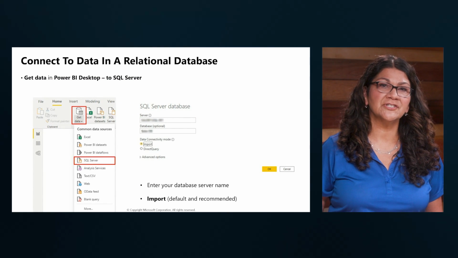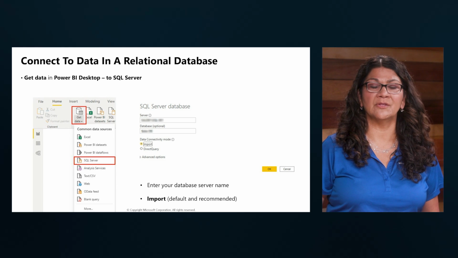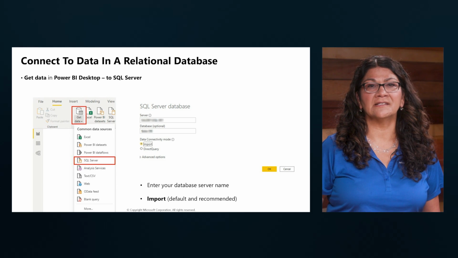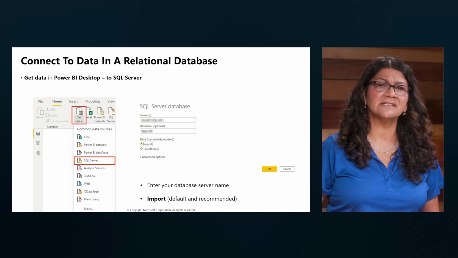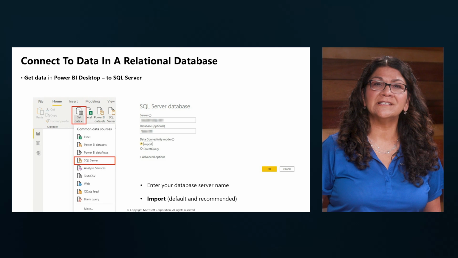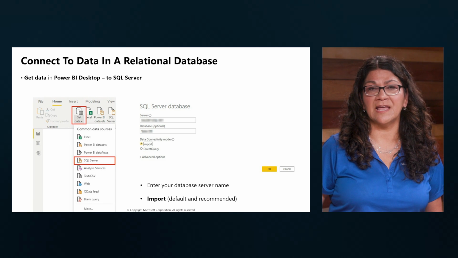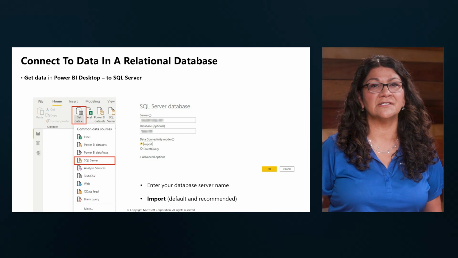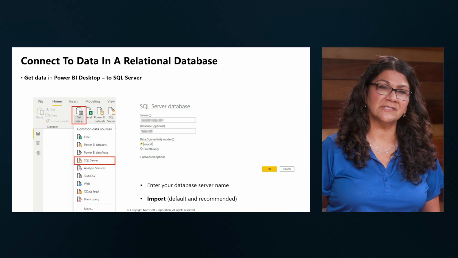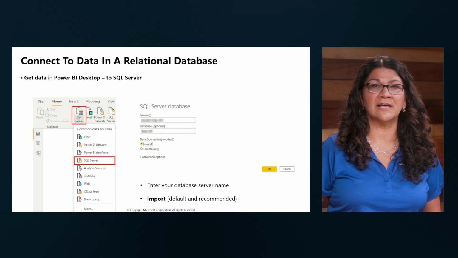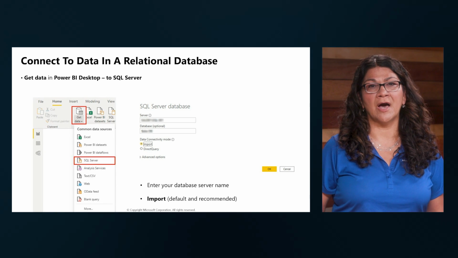To connect to the relational data, use Get Data in the Power BI Desktop and select the applicable option for your relational database, in this case, SQL Server. You will need to connect to your SQL Server by name and optionally list the database too that you'd like to connect to. You can select to import the data into the Power BI PBIX file, which will increase your model.